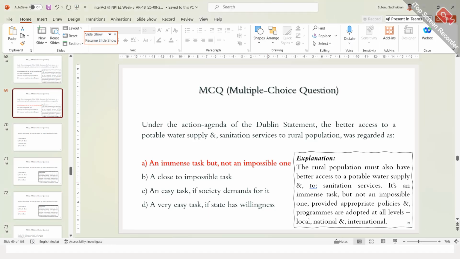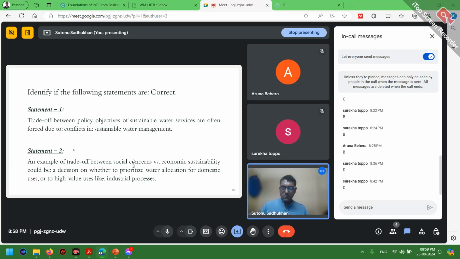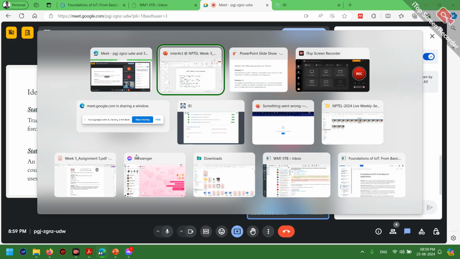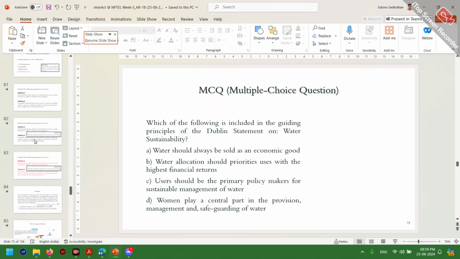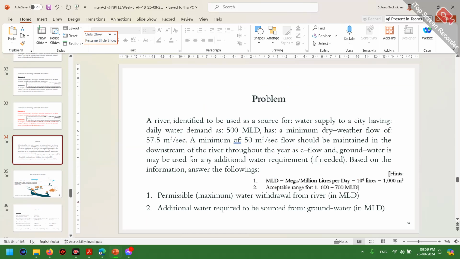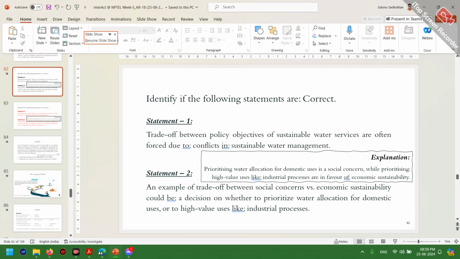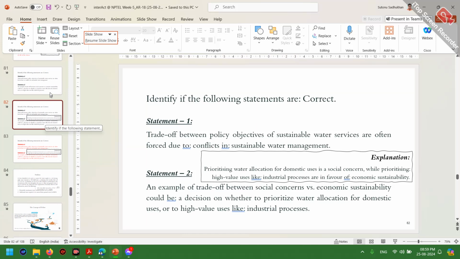What is the time left? Okay, 1 minute is left. So we'll stop this session after this question, maybe. Yeah, we'll stop this session after this question. Try to answer which statement is correct and which statement is incorrect.